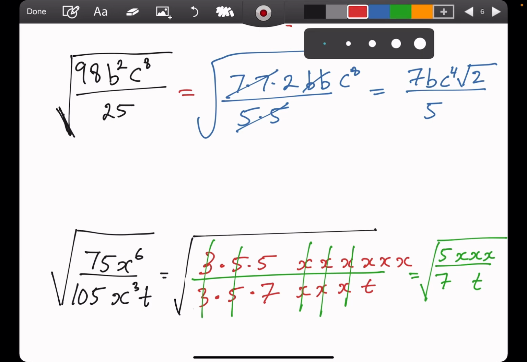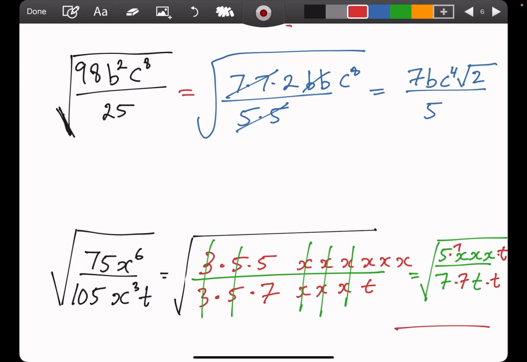So now you can see we don't have enough 7 to go out at the bottom. We don't have enough T times T times T. So now that makes the bottom 7 at the bottom, T at the bottom, and 7 times 5.